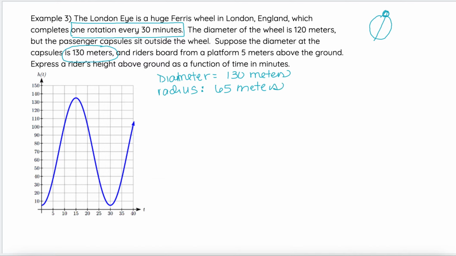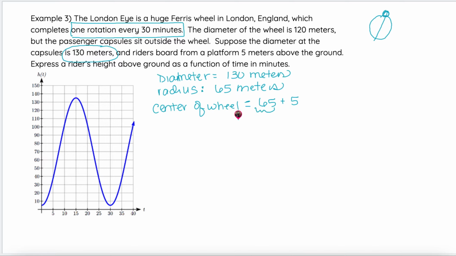But we also have to look at the center of the wheel. Where is that located? The center of the wheel not only includes the radius, but it also has to include that we're sitting 5 meters above the ground because it's on a platform.